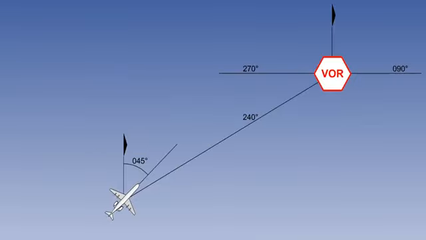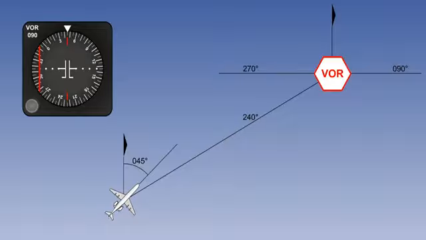Frequently, a pilot may be required to fly towards a VOR station along a specified radial. We'll assume that this is the 270 radial in this example. However, let's also assume that he is currently on a completely different heading, 045 degrees, and is crossing the 240 radial of that VOR.